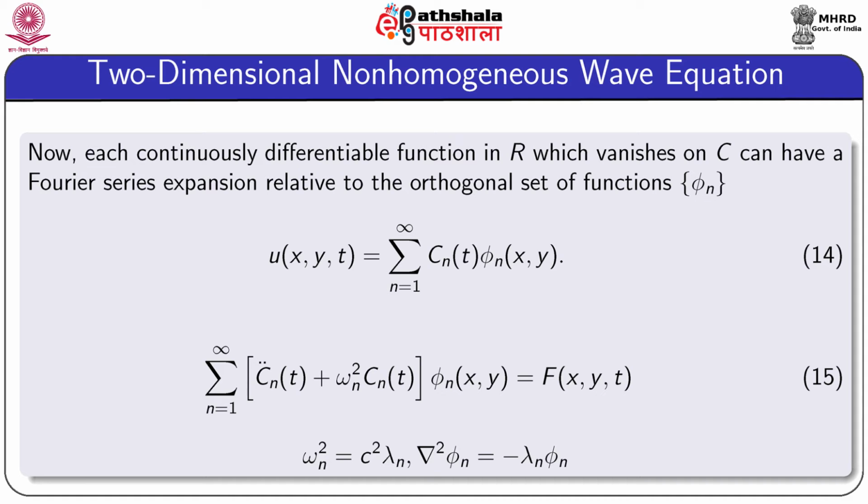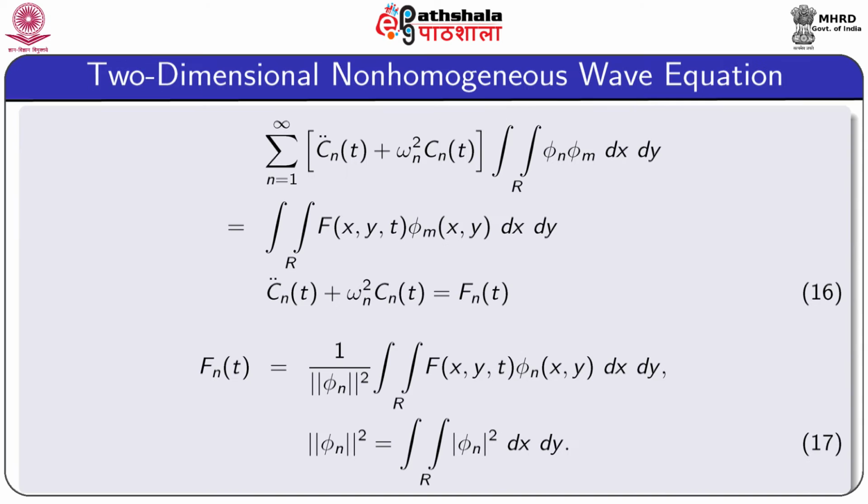Now, from equation 15, we multiply equation 15 by phi m and integrate over R. Then the left hand side is sum over n of Cn double dot plus omega n square Cn into the double integration of phi n phi m dx dy, and the right hand side is the double integration of f phi m over the region capital R. Now, these are the eigenfunctions and we know that these eigenfunctions form an orthogonal set.